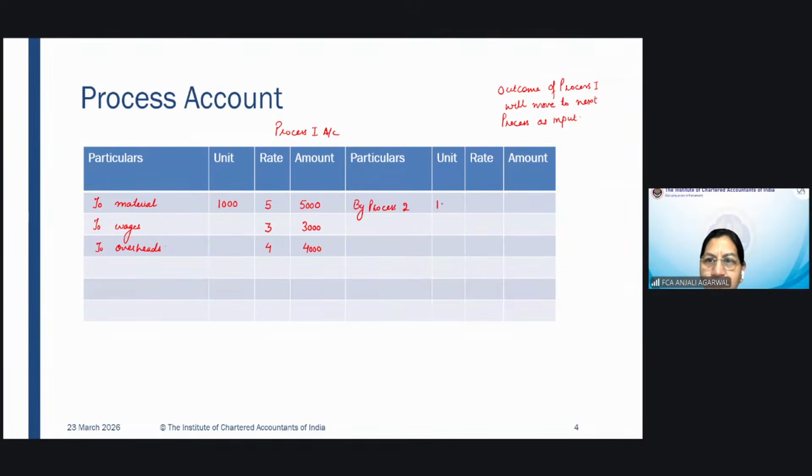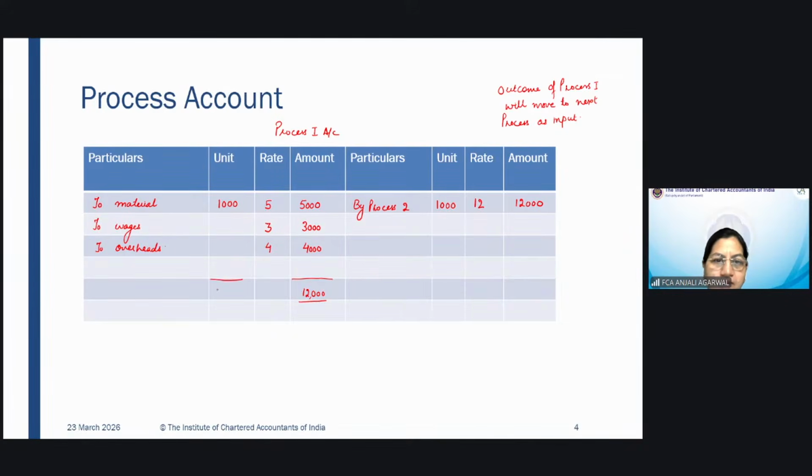The 1,000 units which you had as input in process one will move at the rate of 5 plus 3 plus 4, 12 rupee, 12,000 rupees. So this is how you prepare a process account if it is the first process account.